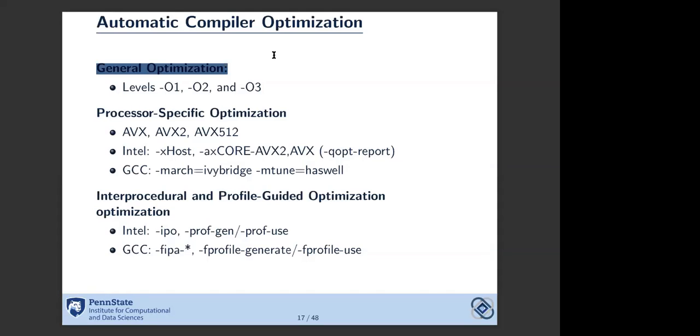And also with interprocedural optimization, there's profile guided optimization. So this would be using actual runtime feedback in order to select the particular optimizations to take advantage of. So the compiler will run your code and then make decisions on optimization based on how your code performs.